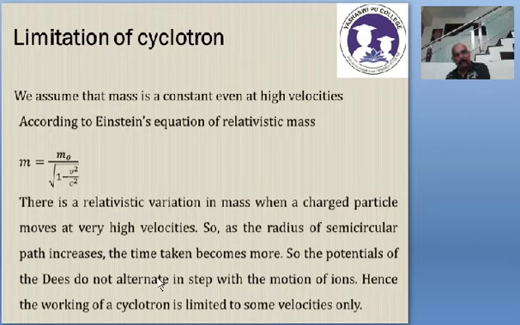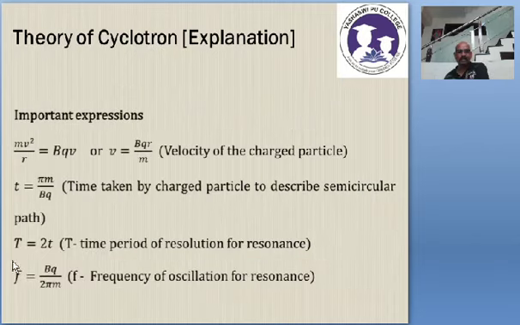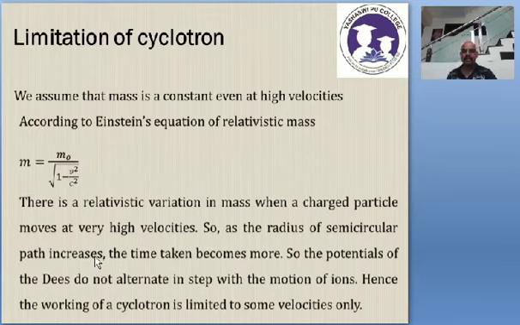Here the mass varies, so the time period or frequency depends on mass. As the velocity increases, mass also increases. Relativistic variation effects can be neglected, but even then there will be a slight variation. So frequency depends on mass. We assume that mass is constant, but relativistic variation of mass should be taken into account. So that is the limitation of cyclotron.